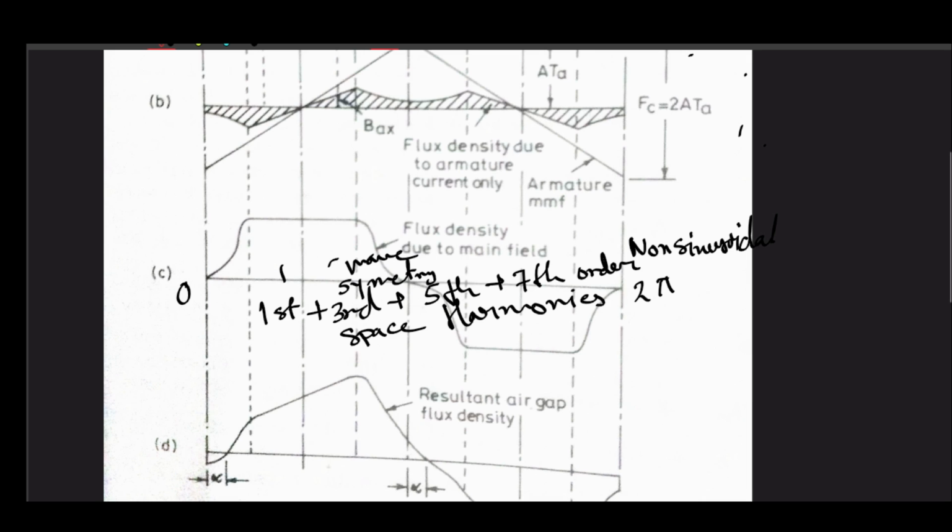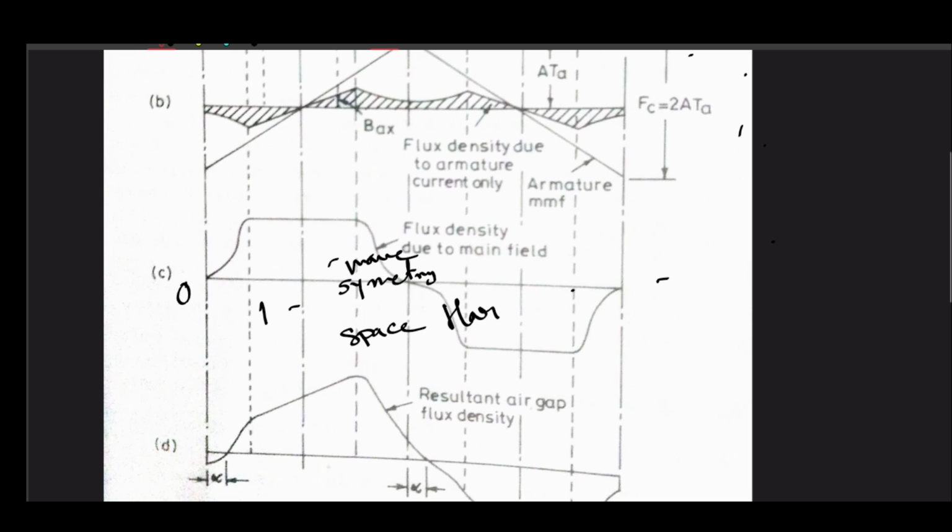Now this is our main field flux. What we can understand is that the main field flux, although it is non-sinusoidal, has this interpolar region, and this point and this point are the same point, mind it.